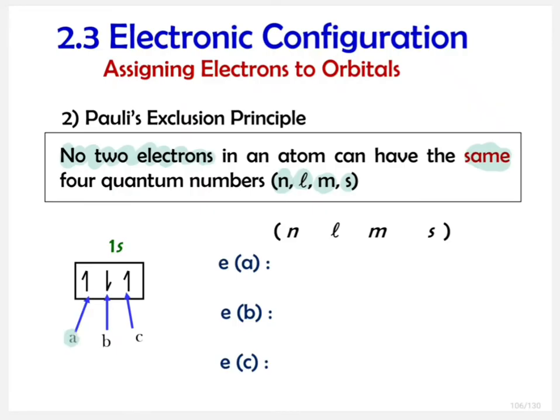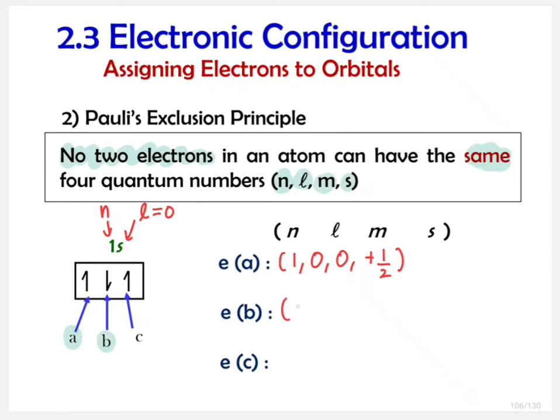Jadi kita ada elektron A. Untuk n dan l boleh tengok dekat 1s. So 1 indicates the value of n dan s indicates the value of l equals to 0. Jadi untuk electron A, n is 1, l is 0, m is 0 and spin. Kalau arrow ke atas ni kita boleh cakap spin dia positive 1/2.